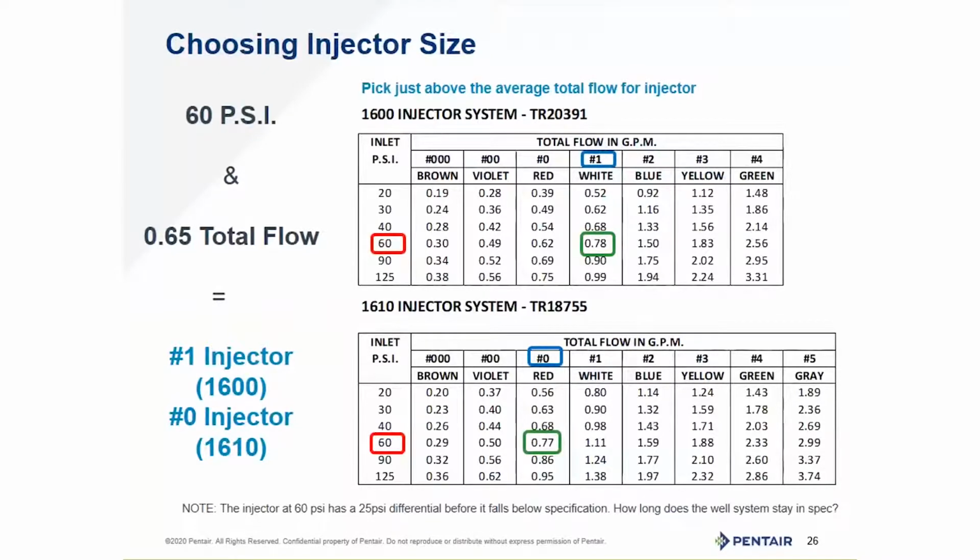So from the previous example at 0.65 total flow, we're going to go to 60 PSI. That's the pressure we have, dynamic. And we're going to go over to the number that just exceeds 0.65.